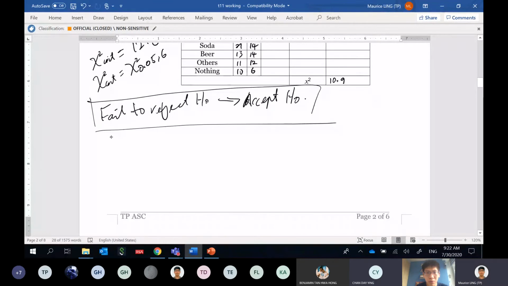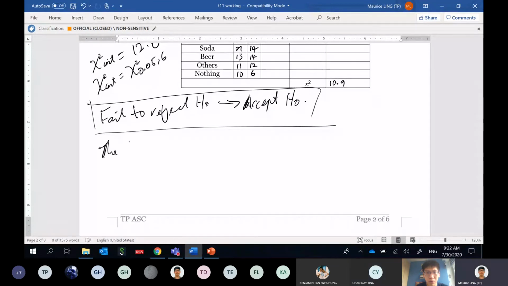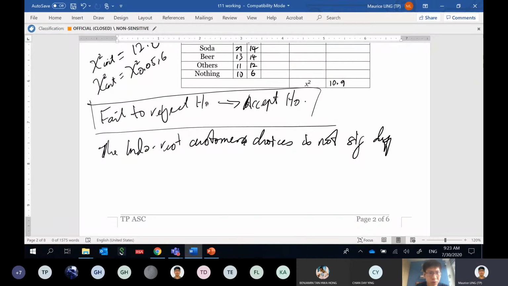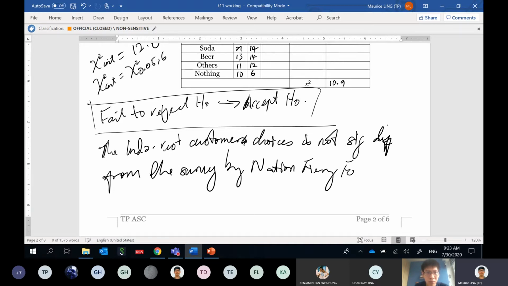So you just say that the Indonesian restaurant customer choices is not significantly different from the survey by the company or National Furi Food. Okay, so just write that.